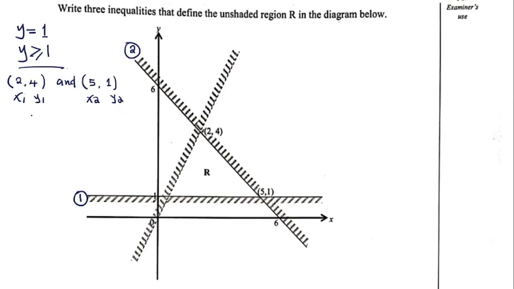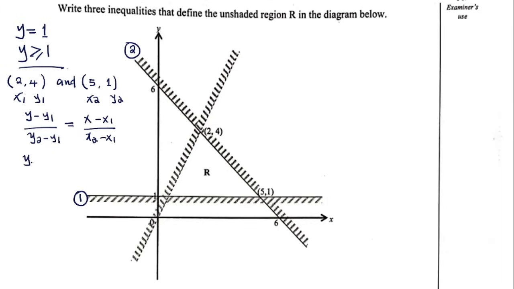We are going to say that y minus y1 over y2 minus y1 is equal to x minus x1 over x2 minus x1. Then we substitute.